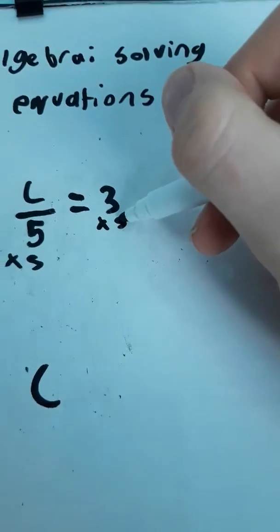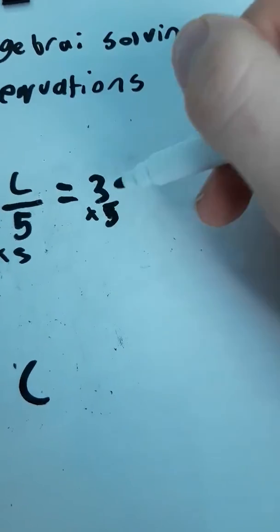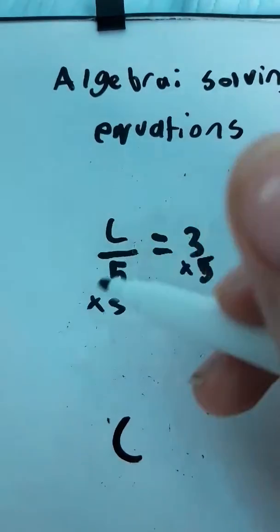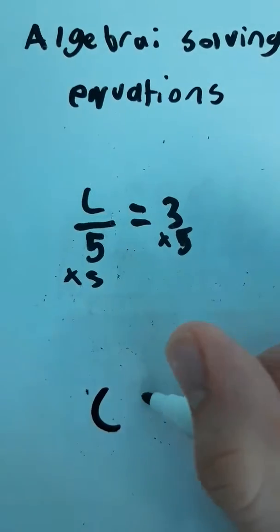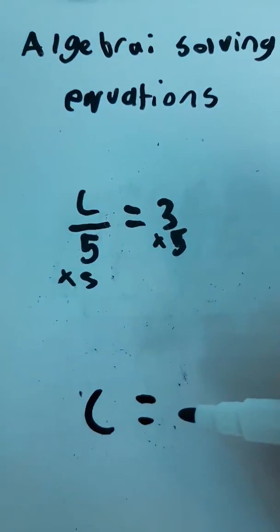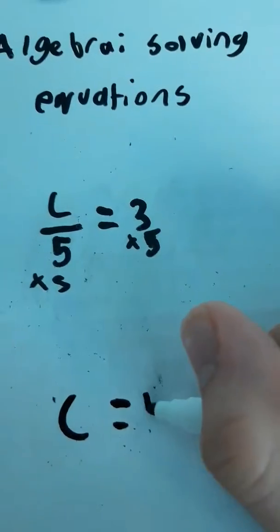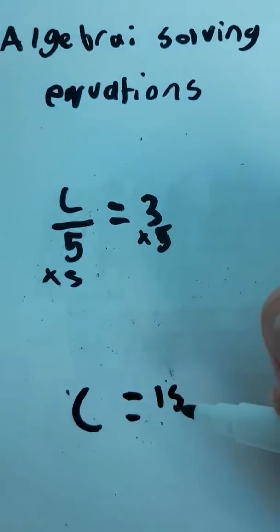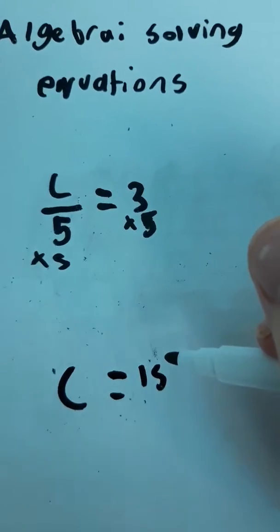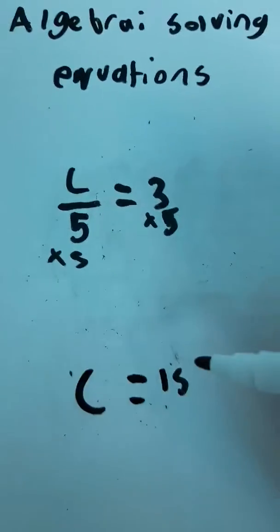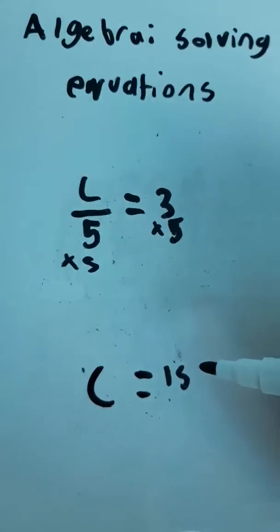That looks like a terrible 5. So the 5 is gone, so now just leave your c. And 3 times 5 is 15. So your answer would be, c divided by 5 equals 3, c would be 15. Let's look at another one.